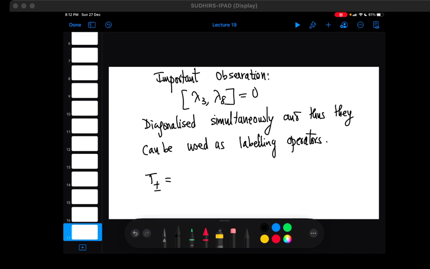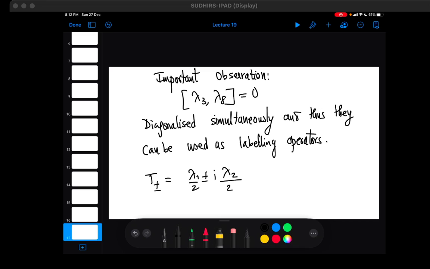It can be represented as lambda 1 plus minus i lambda 2, divided by 2. So this is a raising and lowering operator for eigenvalues in lambda 3.